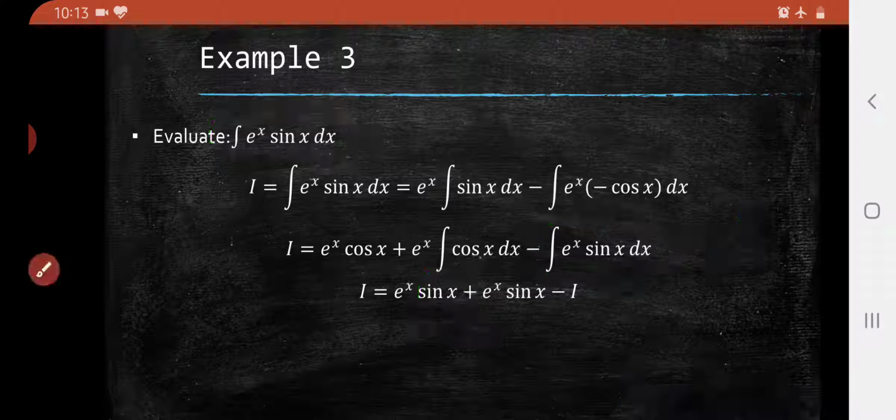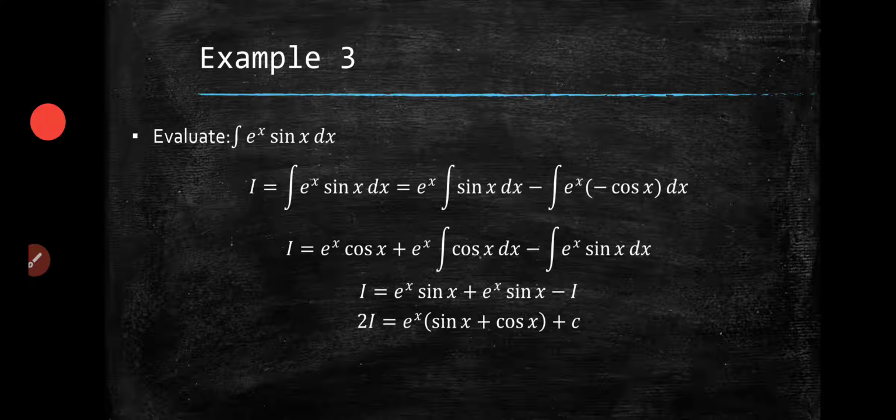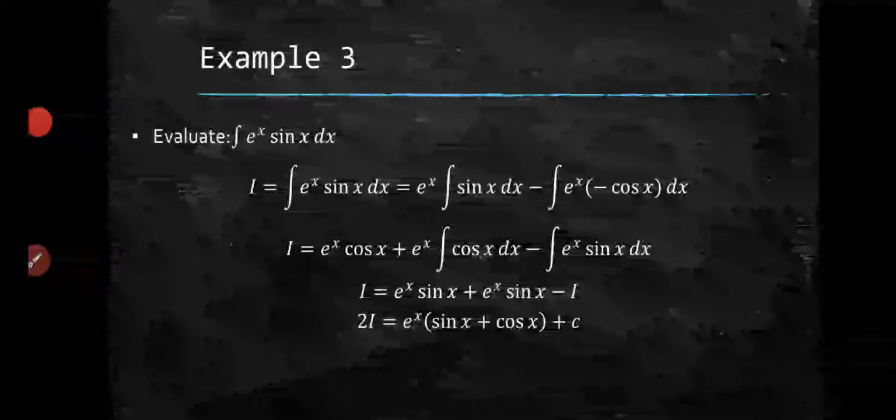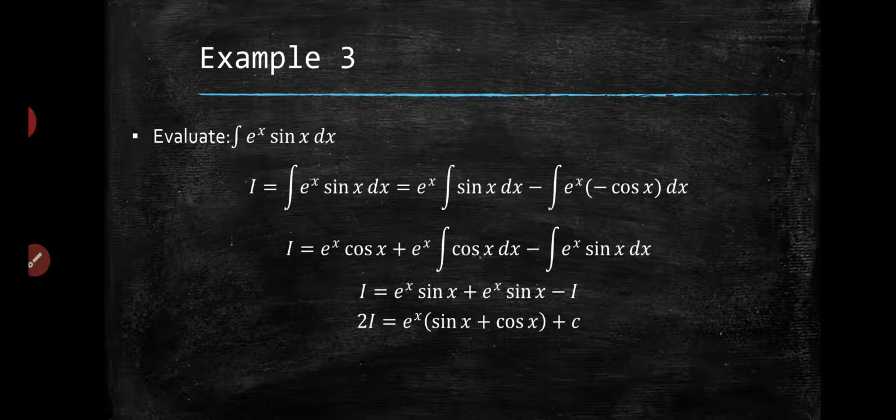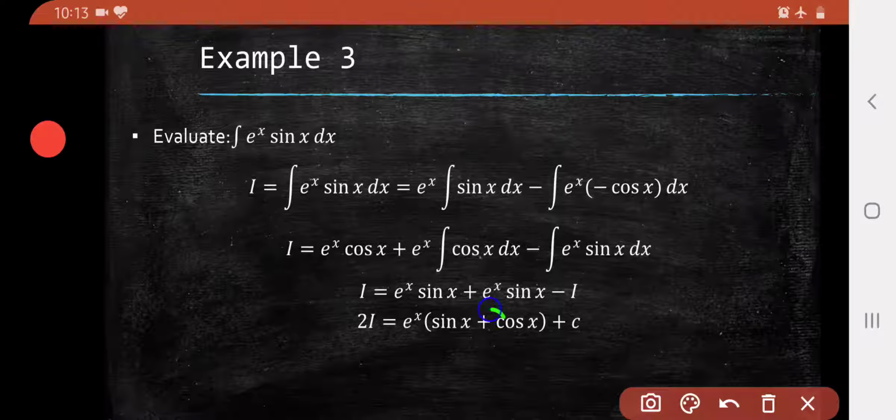So now if I take this I on the other side, it becomes 2I. So in the next step I have written cos x, I forgot to write here cos x, and this plus should be minus actually. I forgot to write that.